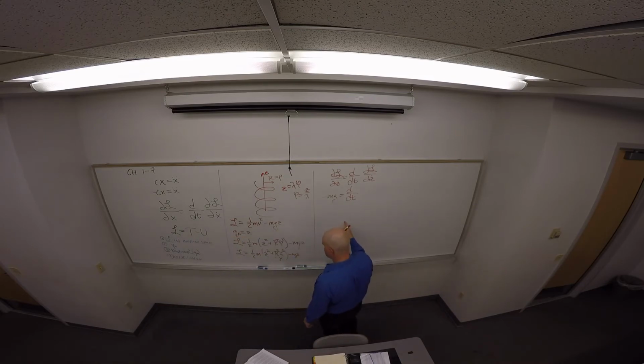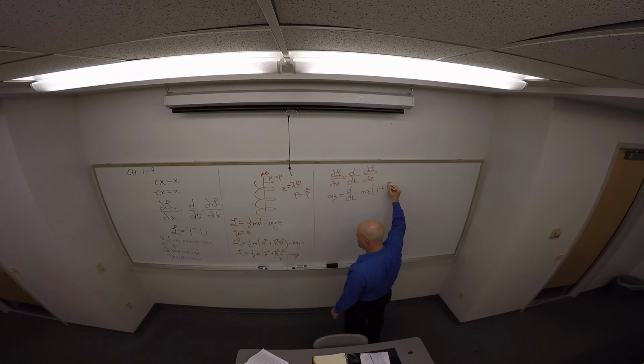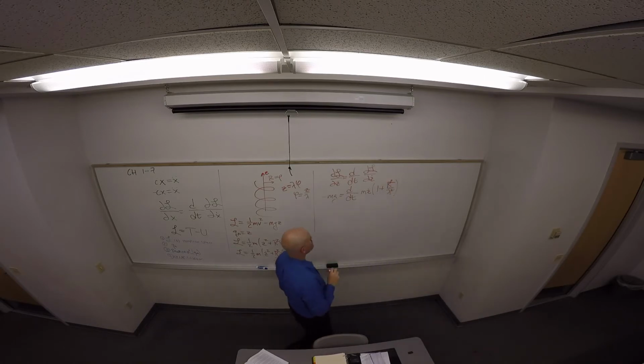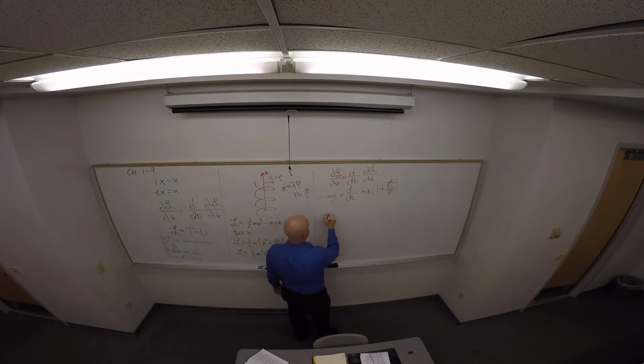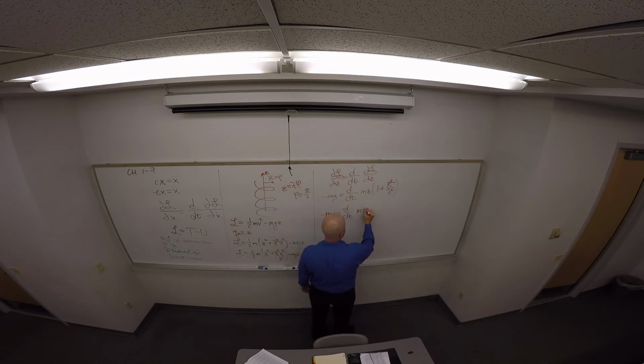So the 2's are going to cancel, right? So that becomes m times quantity 1 plus r squared over lambda squared, times z dot. And that's not changing with time. So this becomes minus mg equals d/dt of m times that, z double dot.